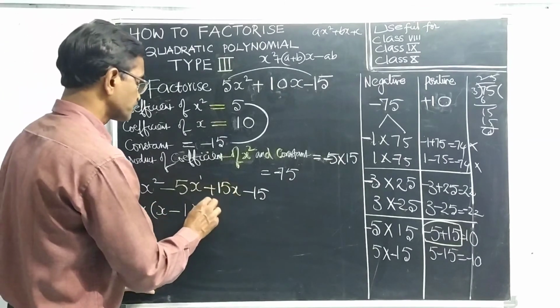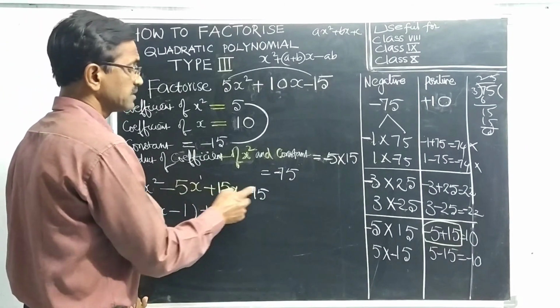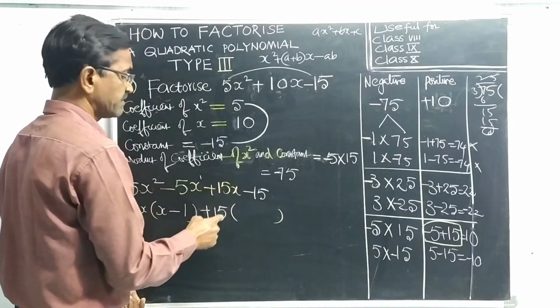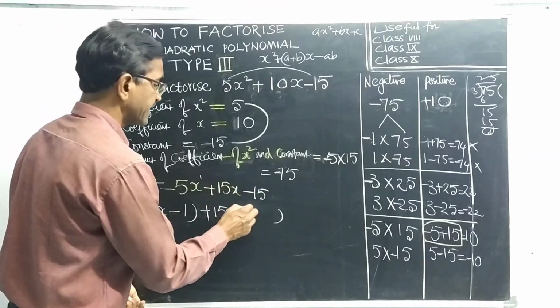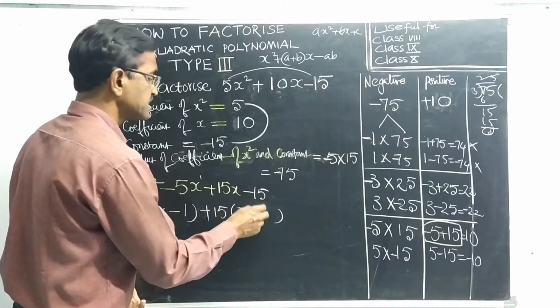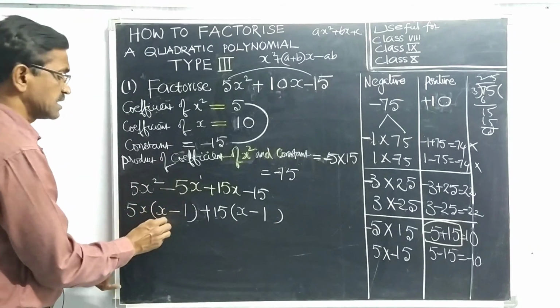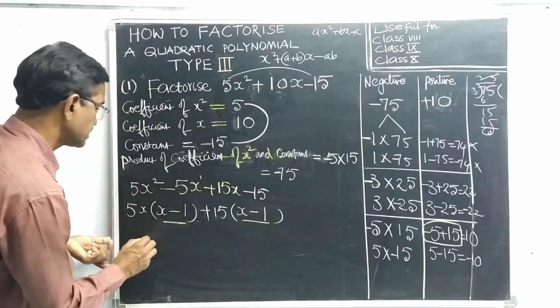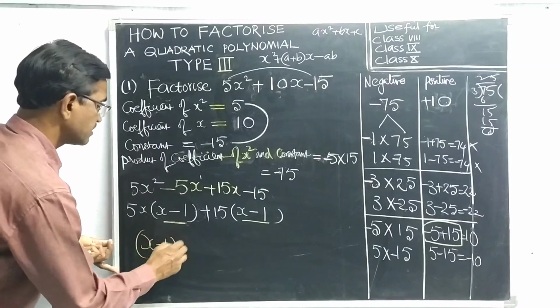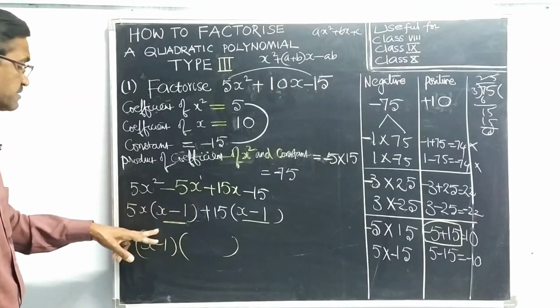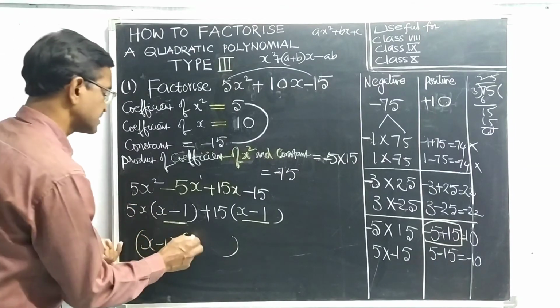Here also 15 is the common factor but not x. 15x by 15, we get x. Minus by plus is minus, 15 by 15, 1. Now x minus 1 is the common factor in these two terms. Write here x minus 1, and by dividing 5x into x minus 1 by x minus 1, we get 5x.